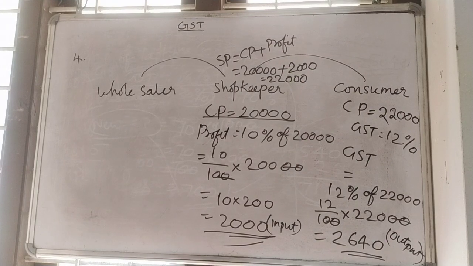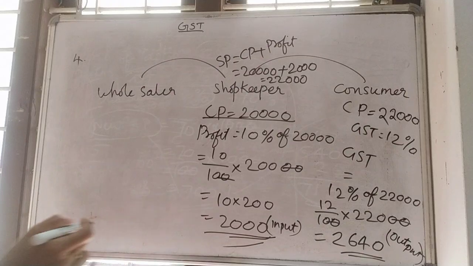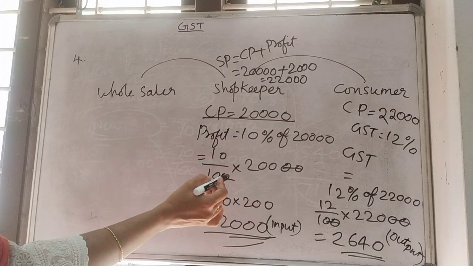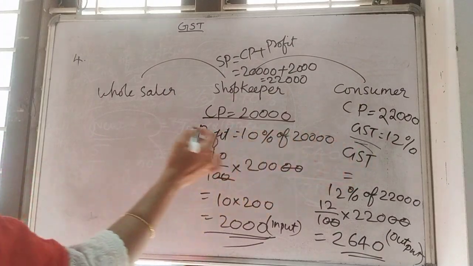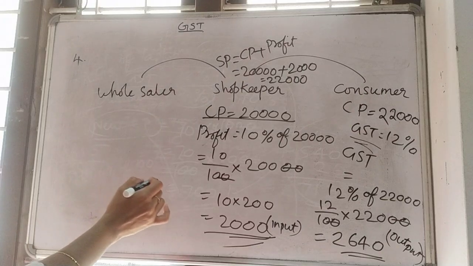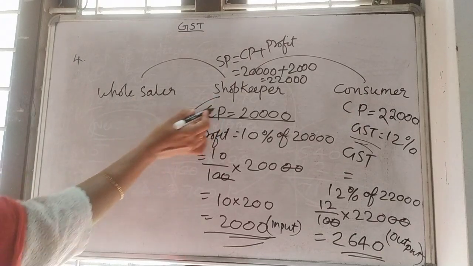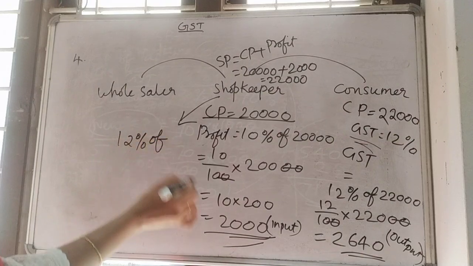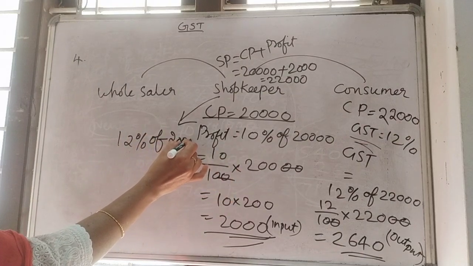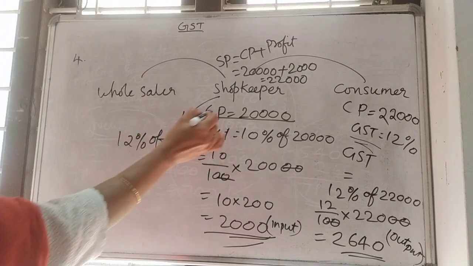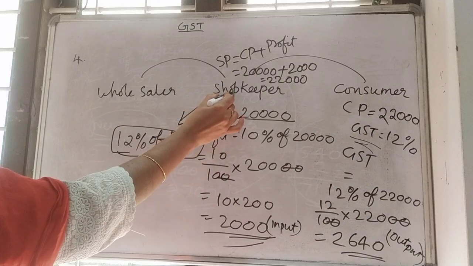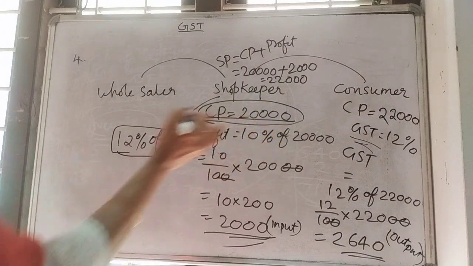And what will be the GST paid by the shopkeeper? Given GST is 12%. So GST paid by the shopkeeper will be 12% of 20,000, since the cost price is 20,000.